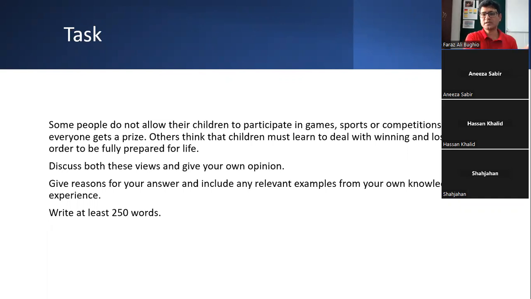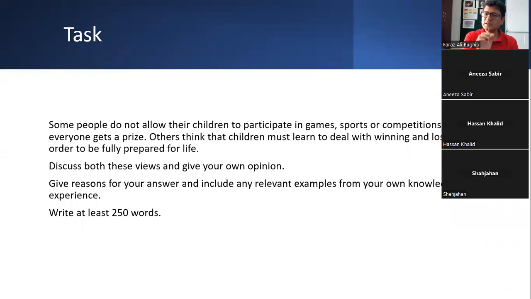So this is one side of the argument. Others think that children must learn to deal with winning and losing in order to be fully prepared for life. There is another side of the argument. So what the examiner is asking you is to discuss both these views and give your opinion.